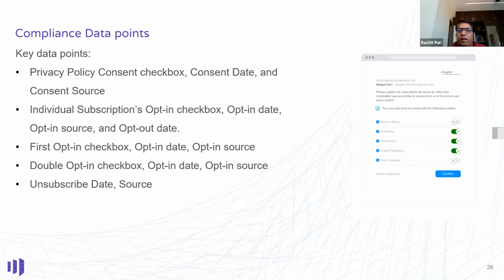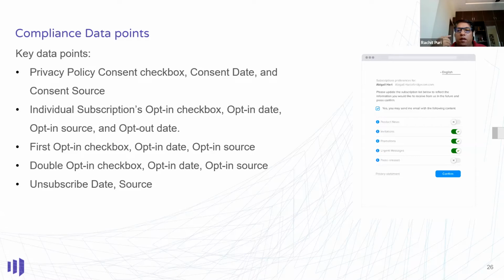Then for all the marketing subscriptions that you have, try to have individual opt-in checkboxes, the date, the source for that opt-in, and similarly the opt-out whenever that happens. And lastly, capture the data when someone is opting out from your system. If someone is unsubscribing, capture when you got the request and from which email it came.